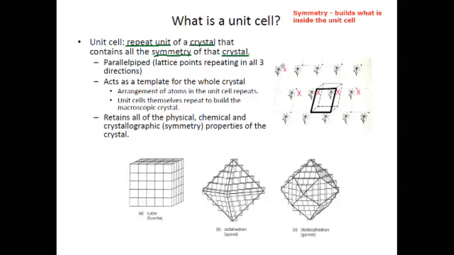So if you calculate the density of one unit cell in the crystal, it's going to be the same as the density of another unit cell in the crystal. There's no change in the properties of that crystal when you go to a different unit cell in the crystal. They're exactly the same copy of that box. So it just gets repeated in 3 dimensions.